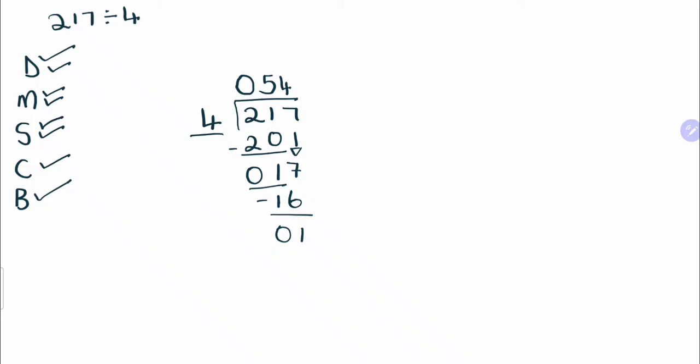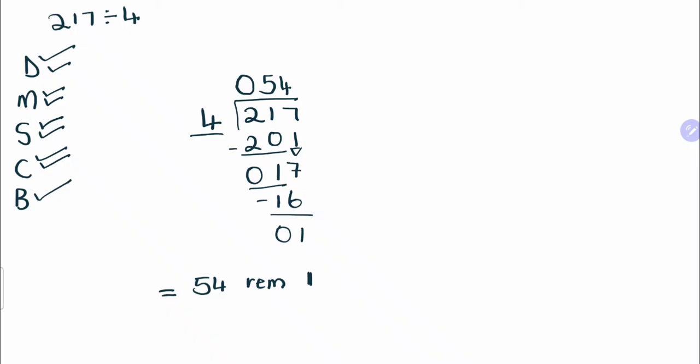Does 4 go into 1? No, it does not. Do we have another number to bring down? If we did, it would be here, and I don't see a number there, so we don't have a number to bring down. So what this tells us is that our answer is 54 remainder 1.